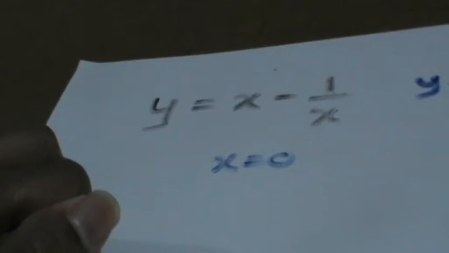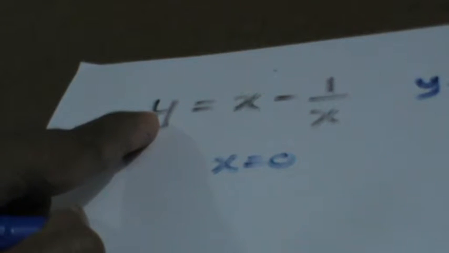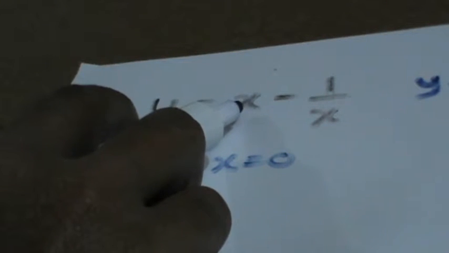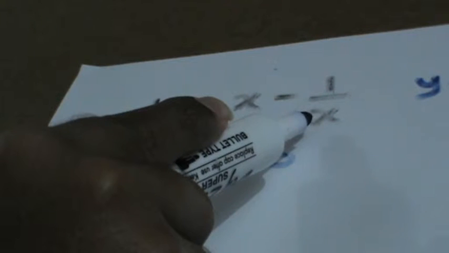But in this case, when I subtract 1 upon x, you know that when x is equal to 0, 1 upon x is infinite, so you cannot get real or rational numbers for this. So when x is equal to 0, y cannot be defined. The only limiting factor that can be present here is this fraction, 1 upon x.